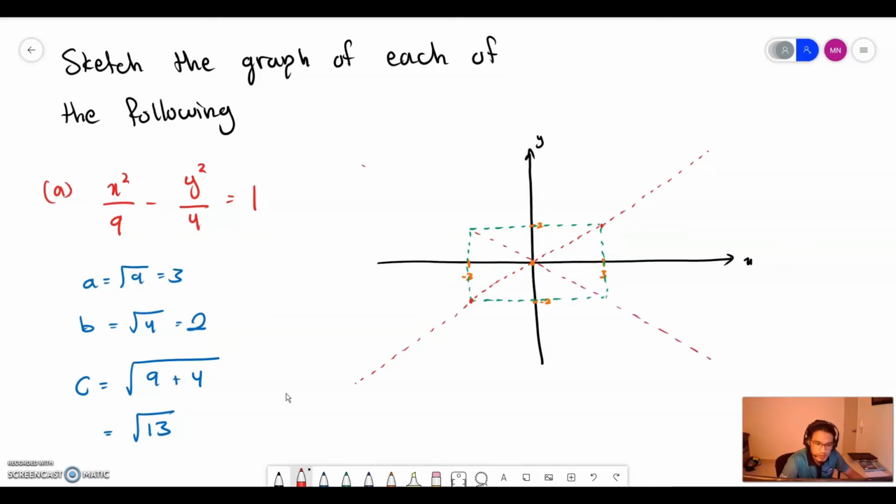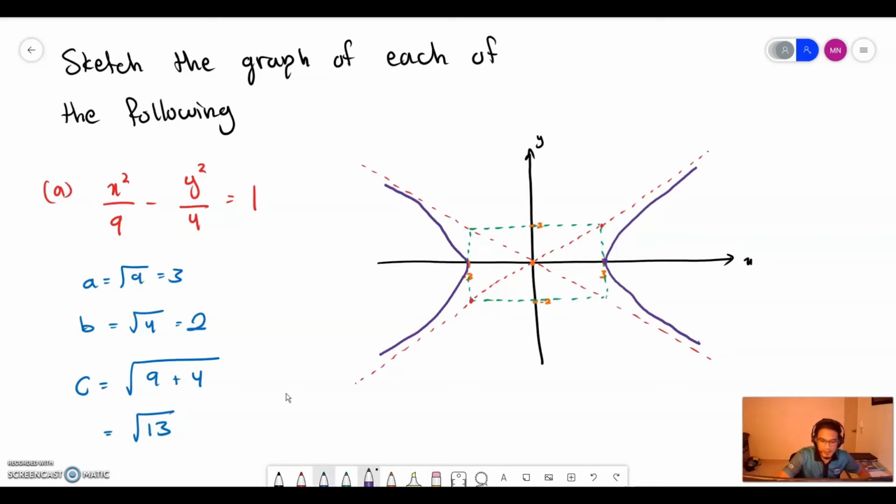The first one is the positive gradient, and from that we can sketch our hyperbola. This is the vertex, so the curve comes out from the vertex and produces a line that approaches the asymptotes. And do the same thing on the other side. I think you can draw better than this.